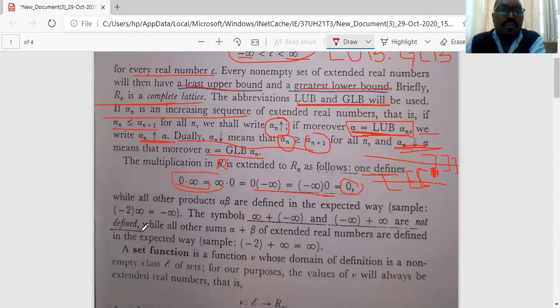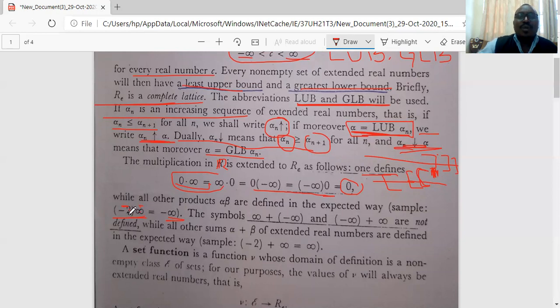All other products, alpha and beta, are defined in the extended way. For example, only this 0 changes; any other value, 2 times infinity is just infinity. The negative sign negates the positive infinity, but 2 is a very small number compared to infinity, it will just make it infinite.